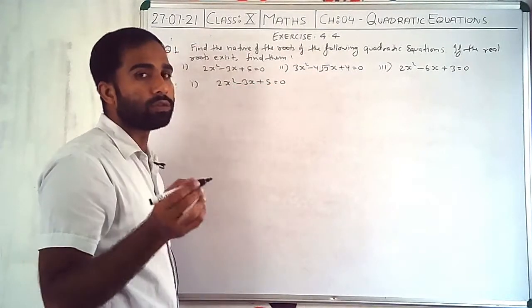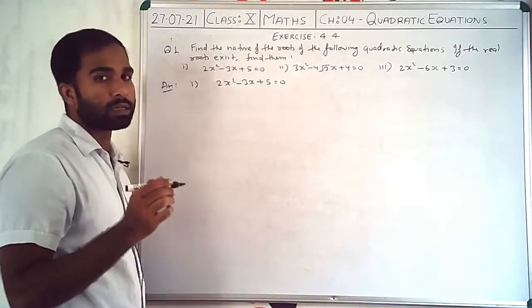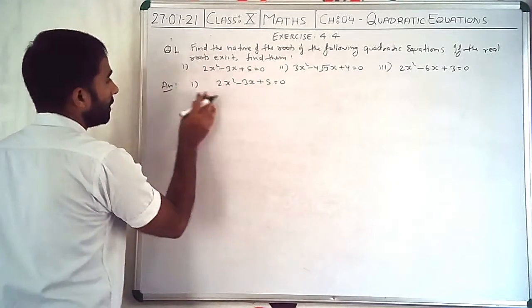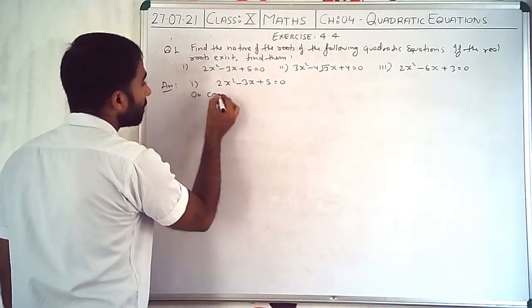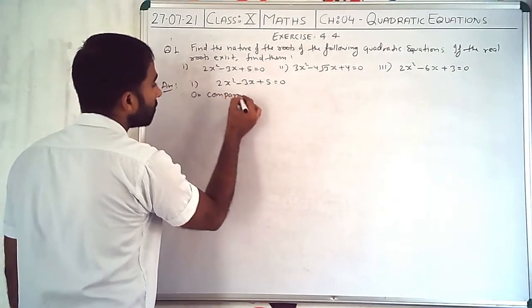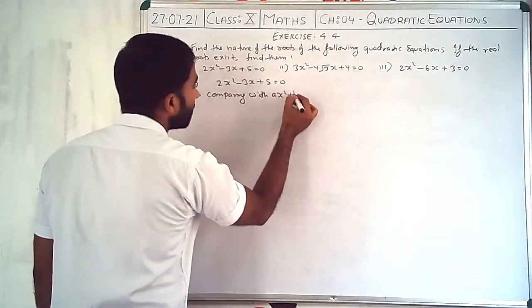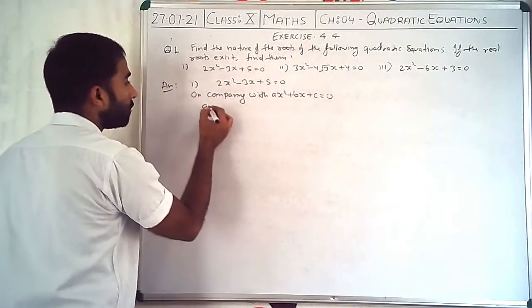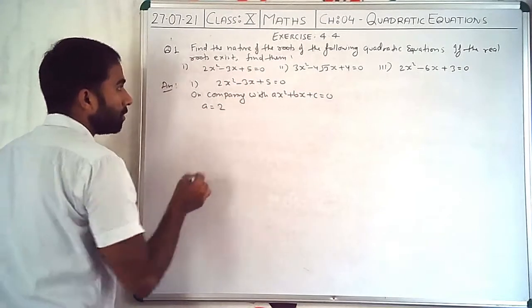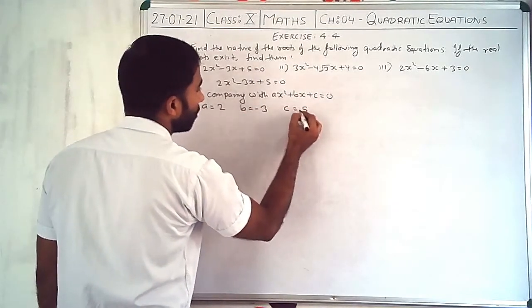So what will you do here? First of all, you have to compare with the standard form. On comparing with ax square plus bx plus c is equal to 0, the coefficients will be a is equal to 2, b is equal to minus 3 and c is equal to 5.